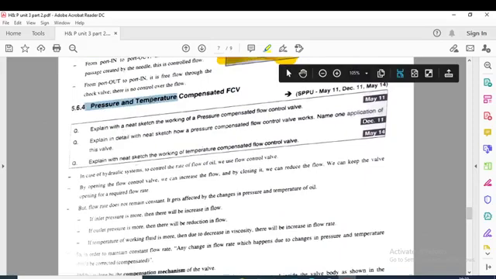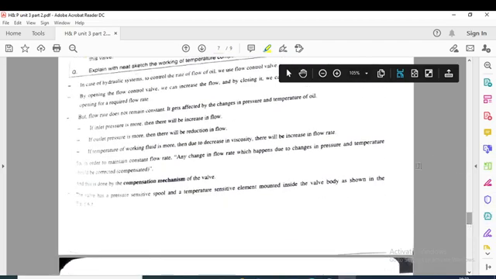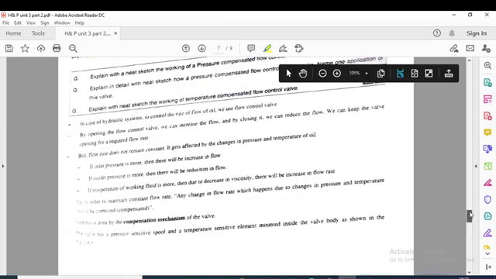Then we have the pressure and temperature compensated flow control valves. In a hydraulic system, to control the rate of flow of oil, we use flow control valves.